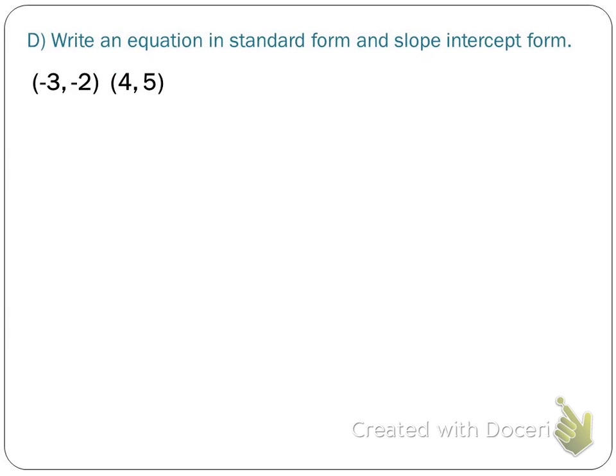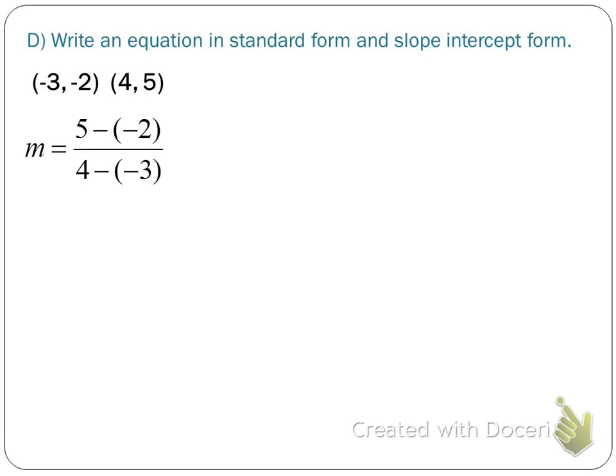All right, here's D. All right, what do I need to do? Yes. 5 minus -2 and 4 minus -3.